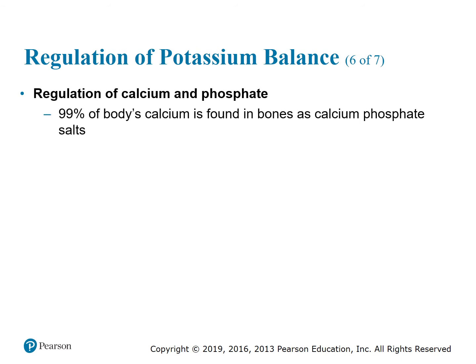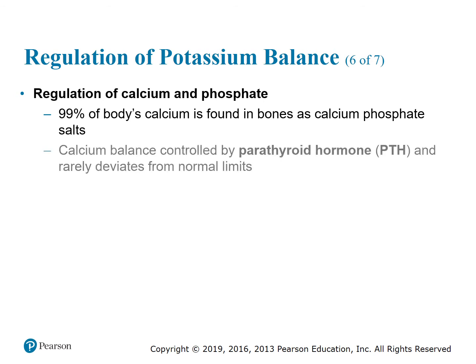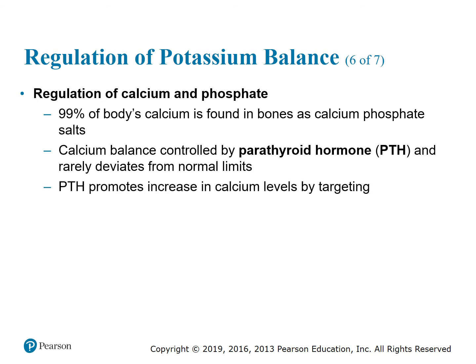So as far as calcium and phosphate goes, sorry about the top of the slide, that should say regulation of calcium and phosphate. 99% of the body's calcium is found in the bones as calcium phosphate salts, and the balance is controlled by parathyroid hormone, which you saw earlier this semester in the endocrine system, and it doesn't deviate from normal limits very often.